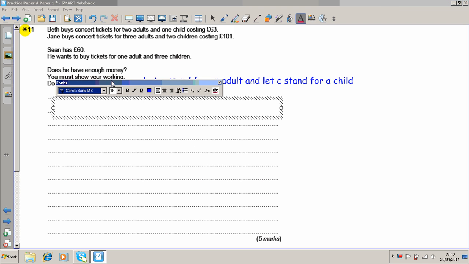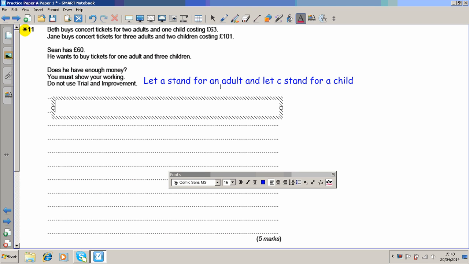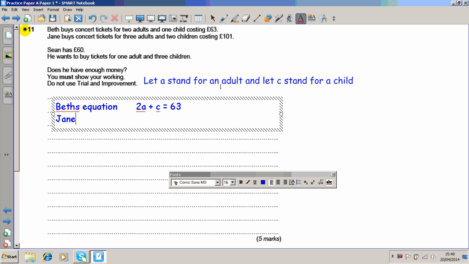So if I do that, Beth's equation is 2 adults plus 1 child equals 63, and Jane's equation is 3 adults plus 2 children, which is 101.